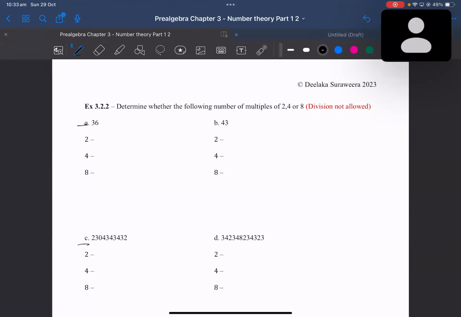Everything else, I'll check the PDF. By the way, if it's not 2, it's not the rest. Yeah. If it's odd, it can't be 4 either.